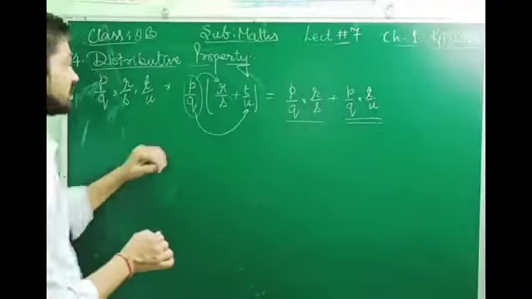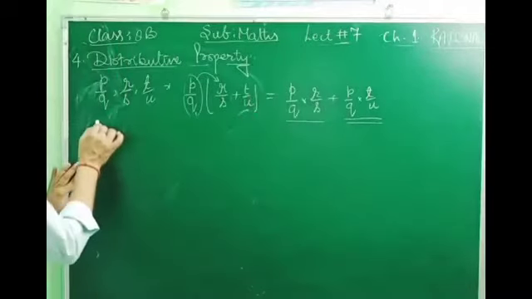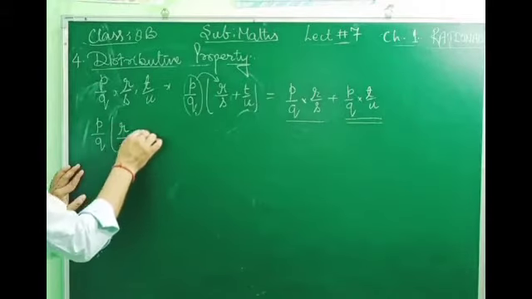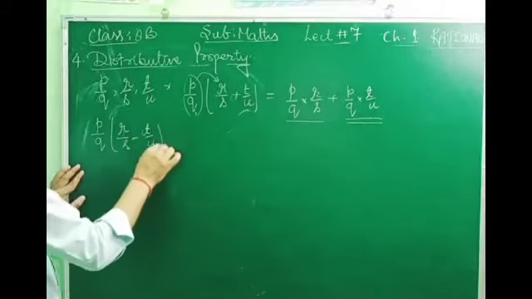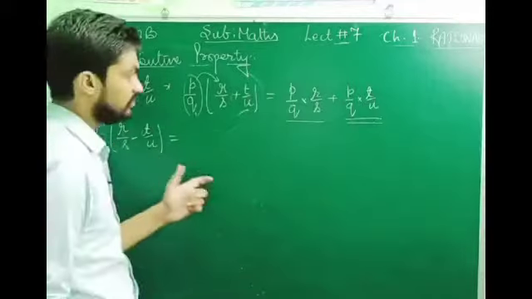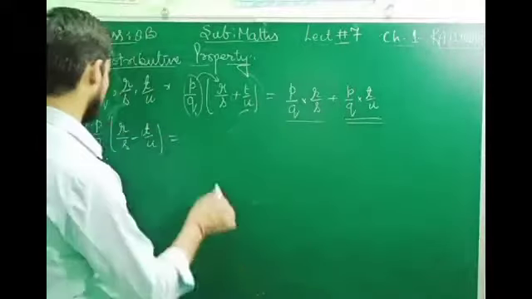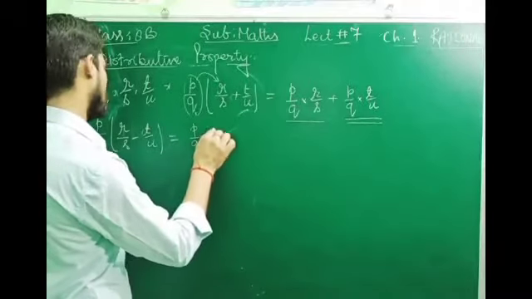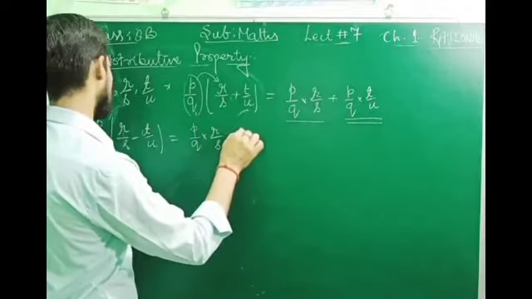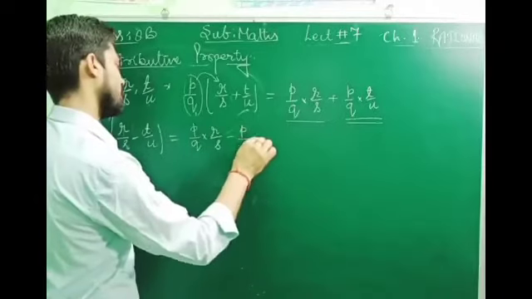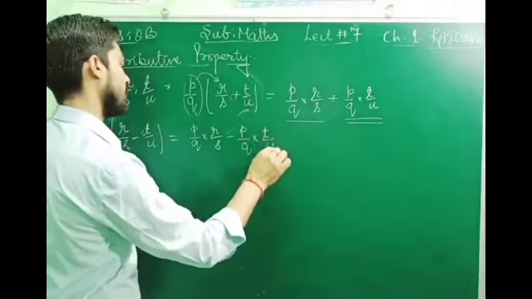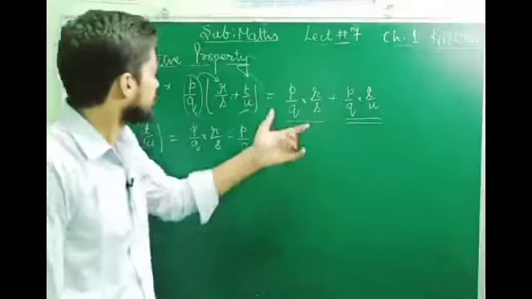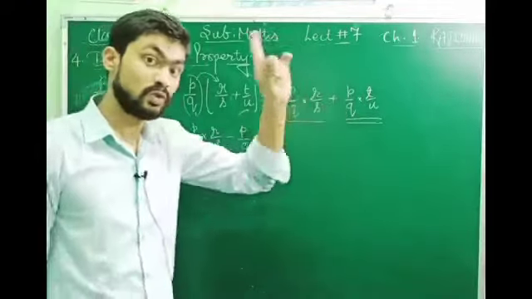If we want the difference, what will be your answer? The same with the difference sign. We will write P by Q multiplied with R by S minus P by Q multiplied with T by U. Did you get it?